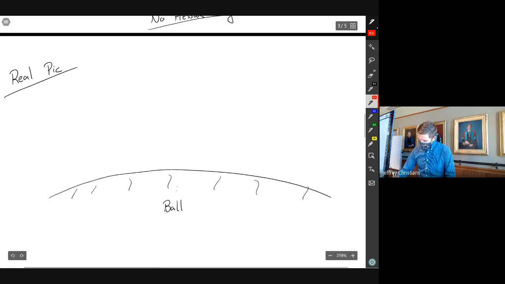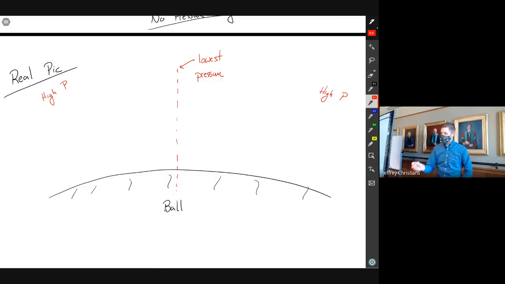Right up the center of that is our lowest pressure. Right over here we have high pressure, and here we have high pressure. But right at that line we have our lowest pressure, with high pressure on each side.